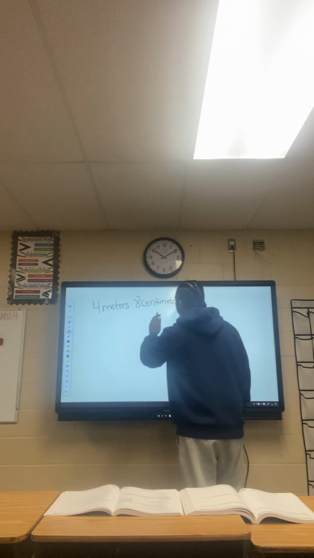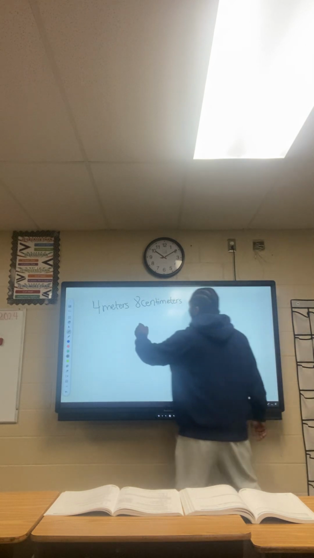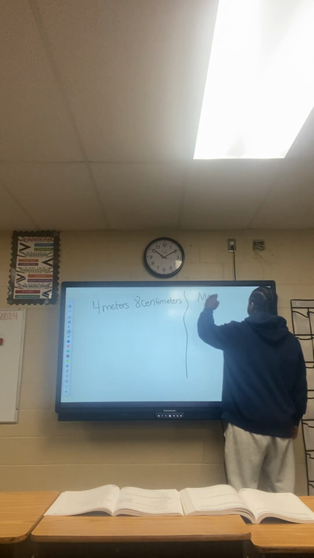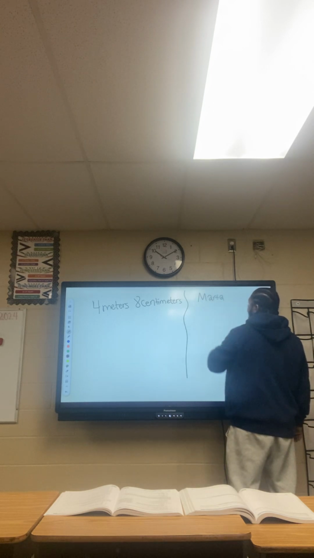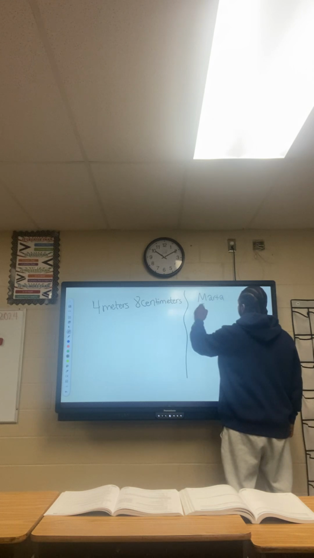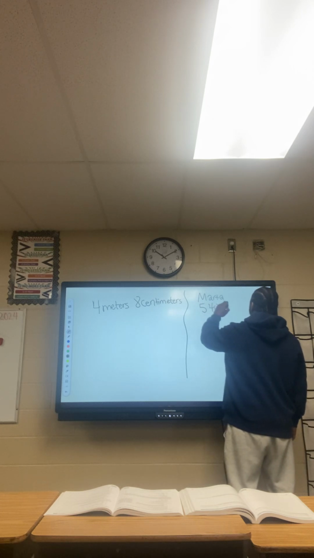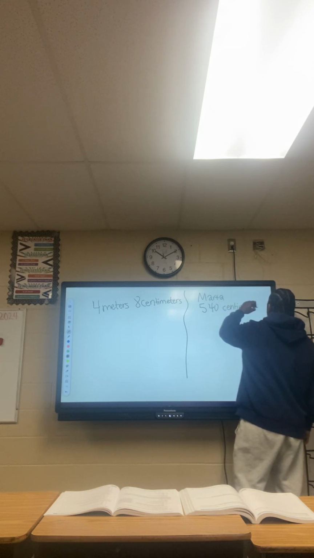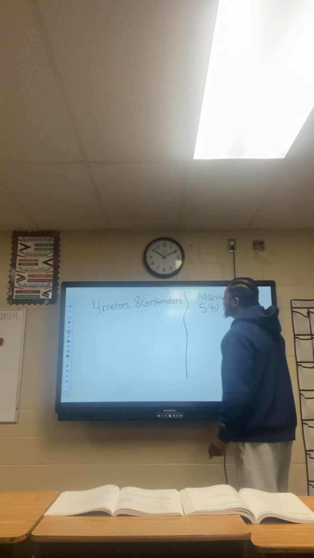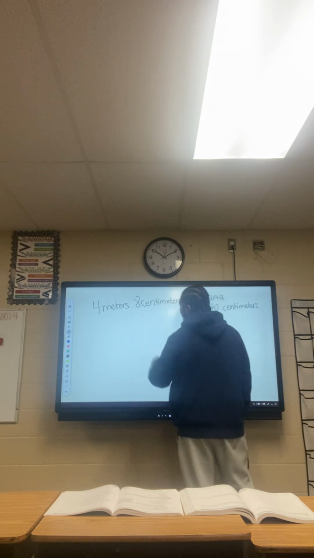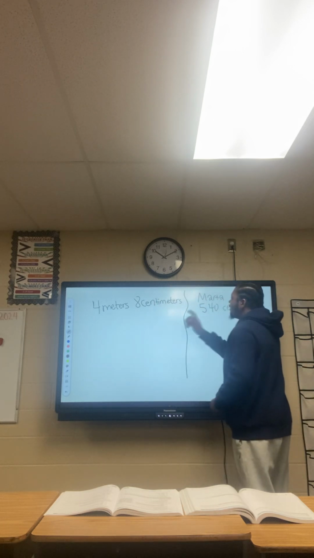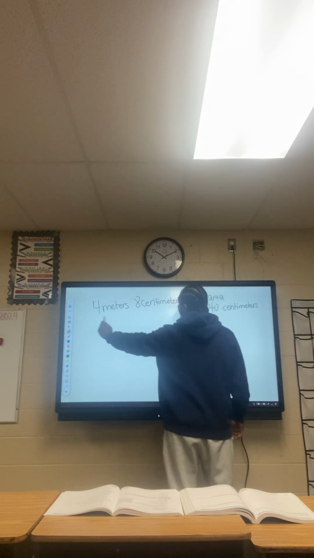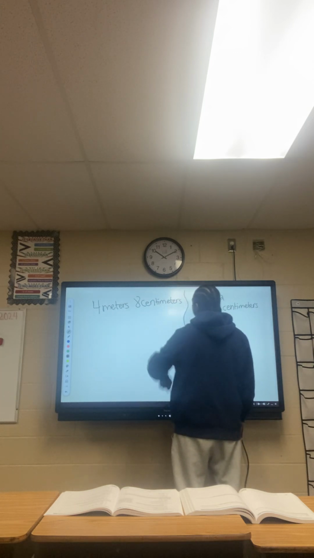So we got 4 meters and 8 centimeters, and then Marta had 540 centimeters. So the first thing we want to do is make this match with this. So we want to use centimeters in this situation. So we're going to find out how many centimeters is 4 meters and 8 centimeters.